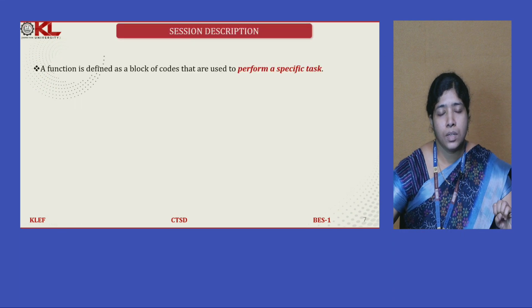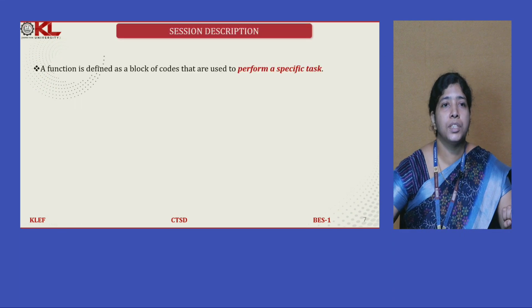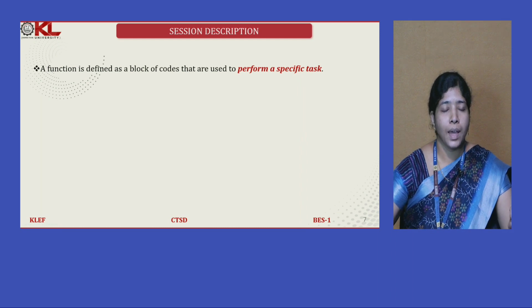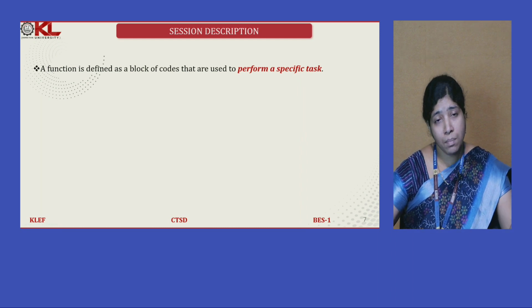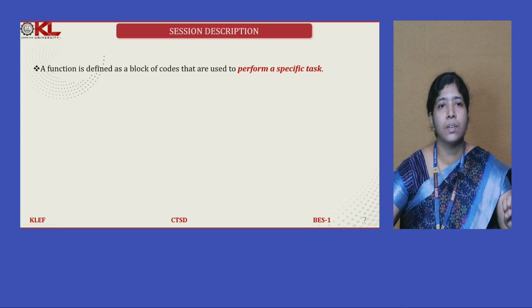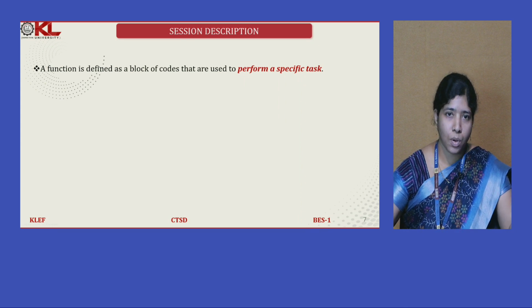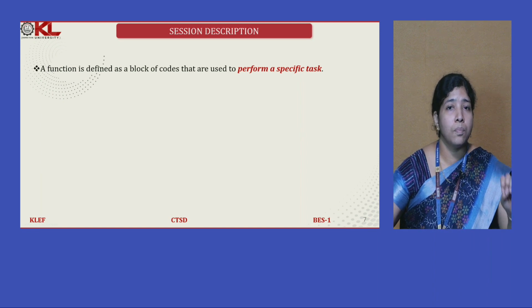First, quickly, the definition of a function. A function is defined as a block of code that is used to perform a specific task. As I told you, every function, main method or task will have three phases: input, process and output. Now we are focusing on the processing part.